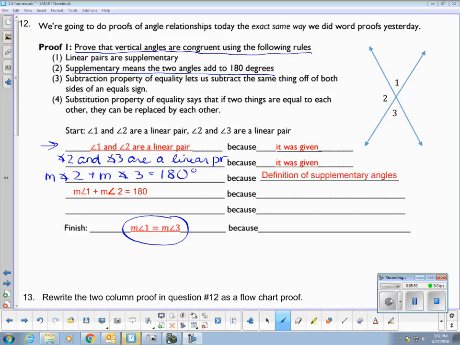So that again is by the definition of supplementary angles: two angles that add up to 180 degrees. And likewise, angle 1 and angle 2, since they are a linear pair, also equal 180 degrees for the same reason, by definition of supplementary angles.